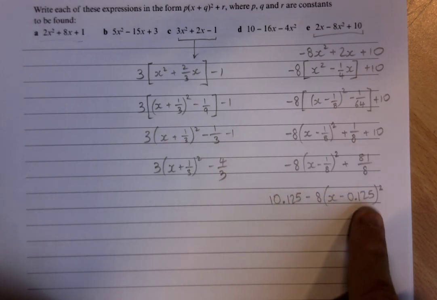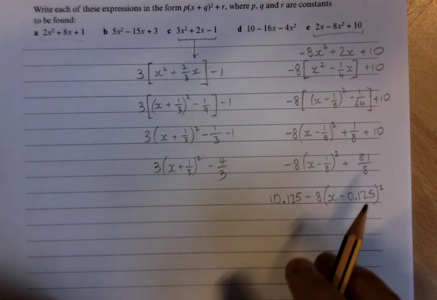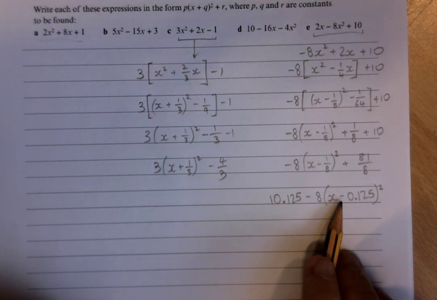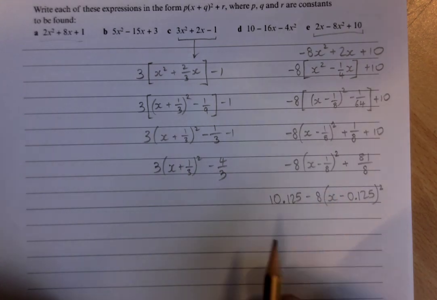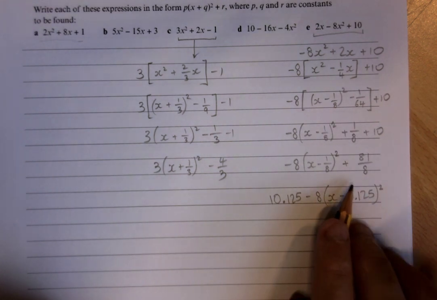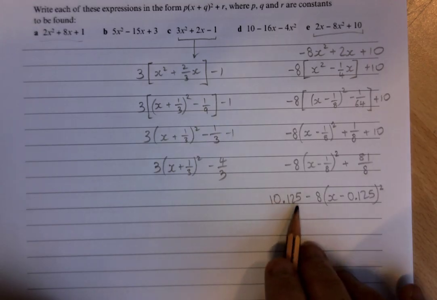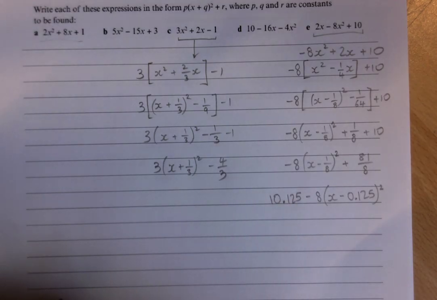It's just more awkward because there's decimals and negative numbers, so it doesn't appear to be the same, but the turning point is still just x is 0.125, y is 10.125, so that is the turning point. It's the negative version of that, so positive 0.125, and then the y coordinate is that. We'll see some more of that when we get to the advanced questions.